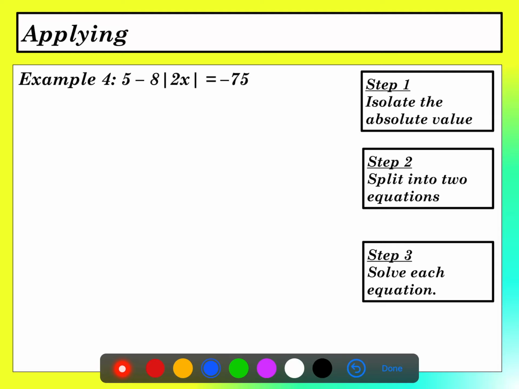So we're not actually doing 5 minus 8 because the negative 8 is really multiplying the absolute value bars. So in following SADMEP, okay, we should actually subtract 5 as our first step.